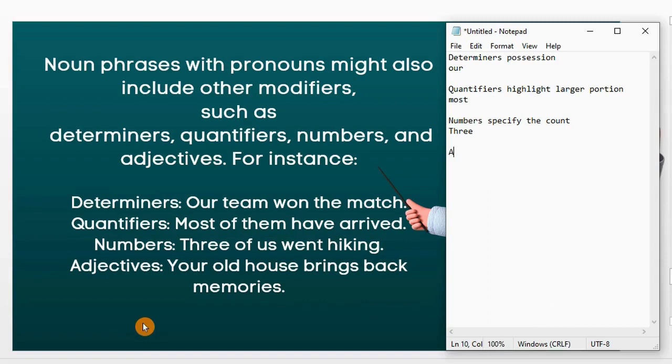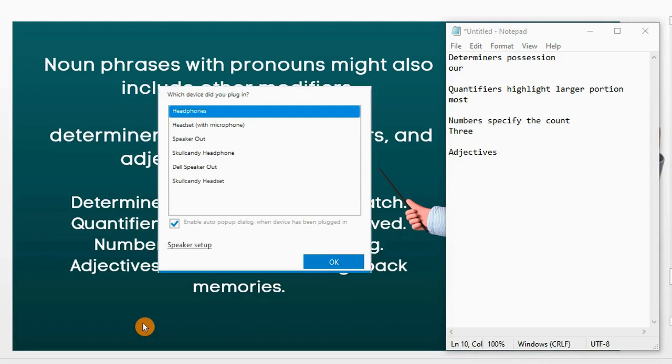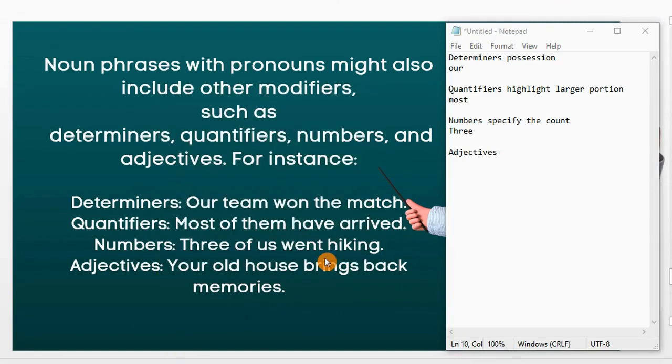So the next one is adjective. Your old house brings back memories. Old describes the type of house.